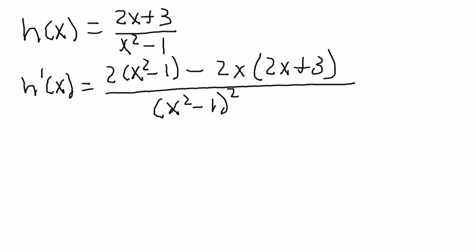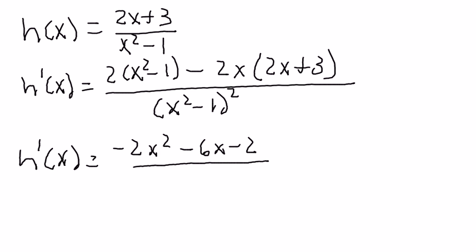Multiply out the 2 in front here and the 2x there, combine all your like terms, and what I ended up simplifying it to was negative 2x squared minus 6x minus 2 over x squared minus 1 squared.